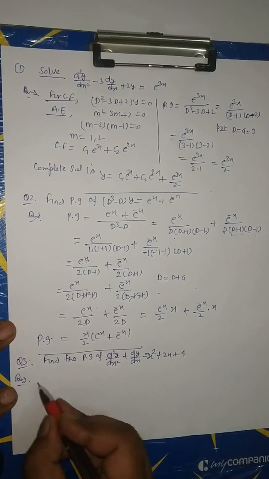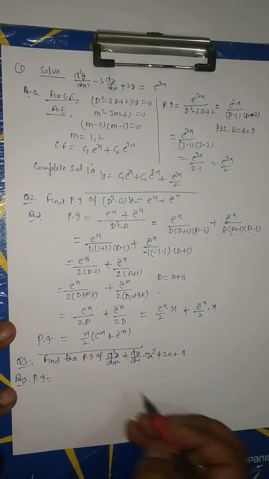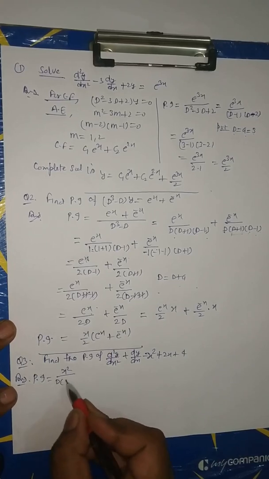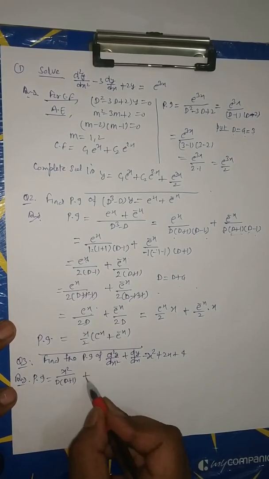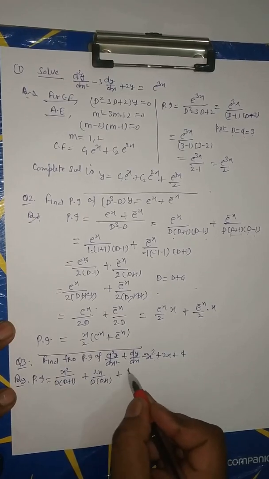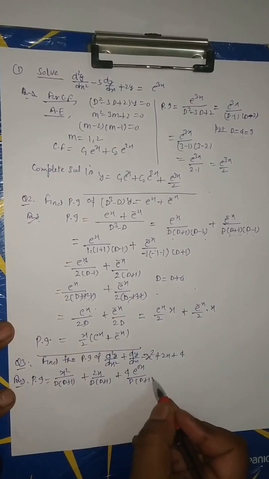Now the answer: PI equal to x square upon D(D plus 1) plus 2x upon D(D plus 1) plus 4 e to the power 0 upon D(D plus 1).